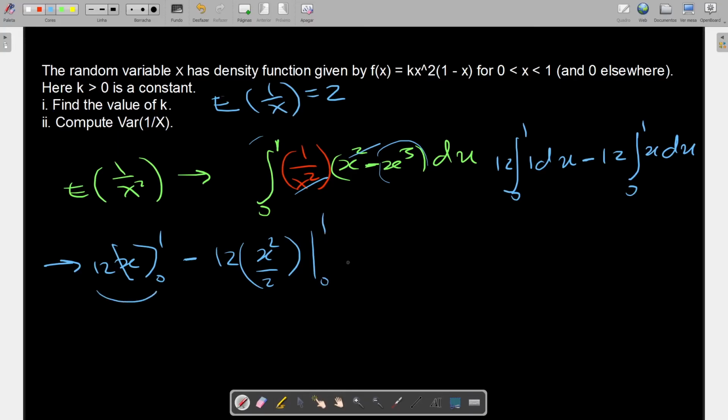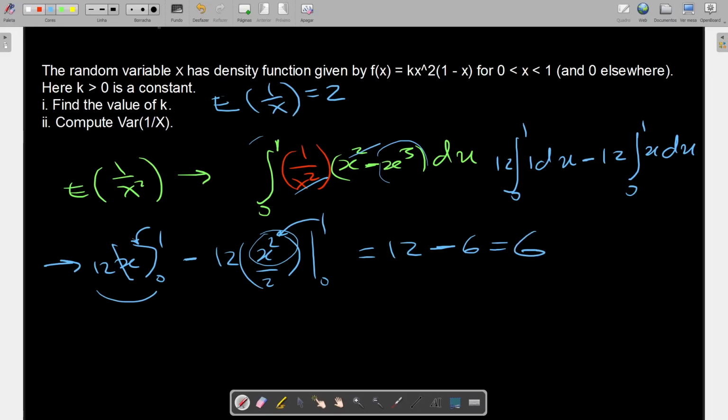So this one is equal to 12, because 1 goes inside and 12 multiplies by 1, so we have 12 minus, and then we have this one that goes inside, and 1 squared divided by 2 is 1/2. 1/2 times 12, or 12 divided by 2, which is the same thing, is 6. So 12 minus 6 is equal to 6.